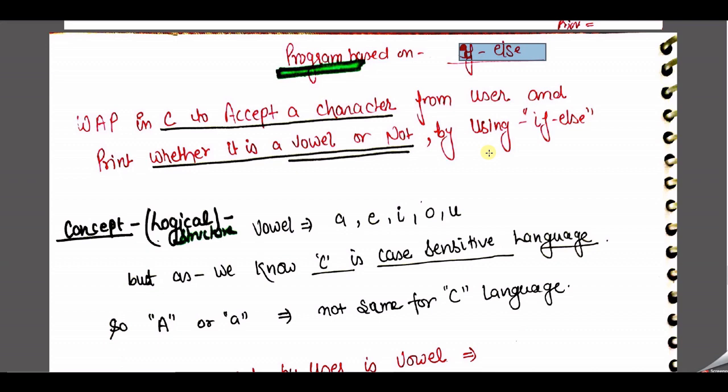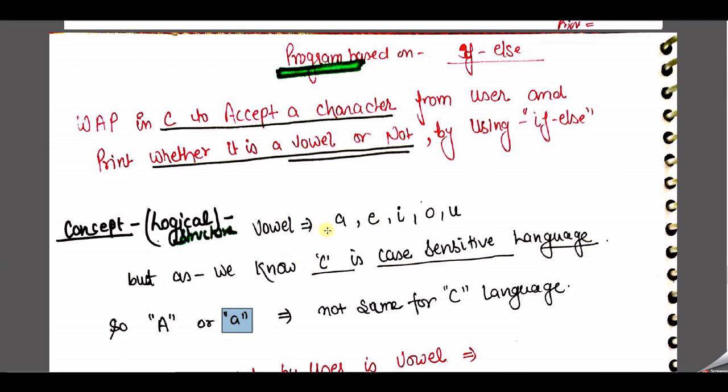But as I already told you, C is case sensitive. That means if we write lowercase a and also uppercase A, uppercase A and lowercase a are not the same for the C language. This is the most important point. They are not the same because C is a case sensitive language. For C language, A is a different character, and small a is known as a different character.